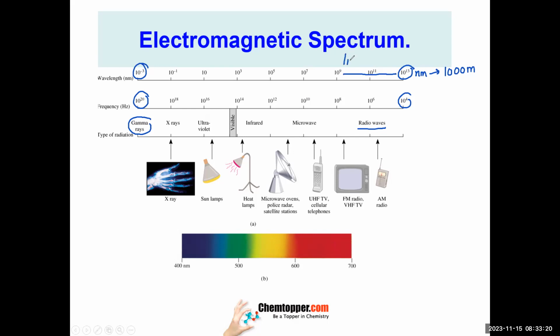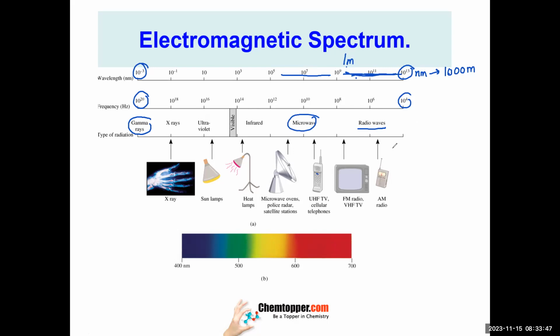This is 1 meter. 1 meter to 1000 meters wavelength is radio waves. It's a range. Look at the range of microwaves which we are using. So this electromagnetic spectrum has different components based on their energies, wavelengths, and frequencies. Is this point clear?